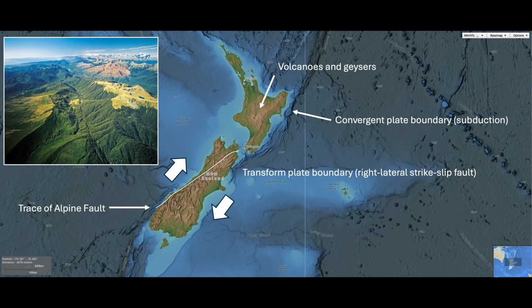In the North Island, in fact, they have subduction going on, and that's a convergent plate boundary there, not a transform plate boundary. And there you get part of the Pacific plate being subducted below that North Island there. Now, the North Island used to be part of what they used to call the Australo-Indian Plate, I think it was.